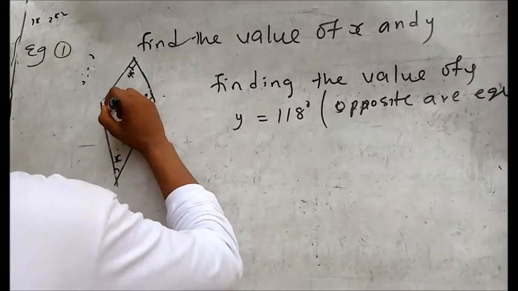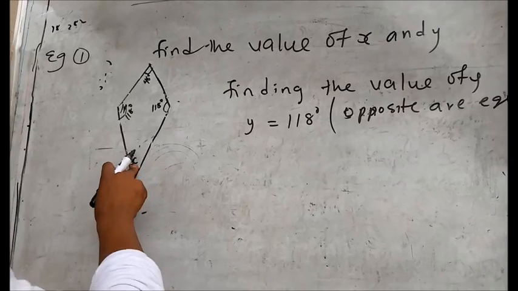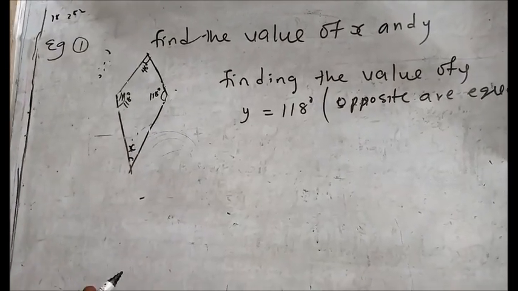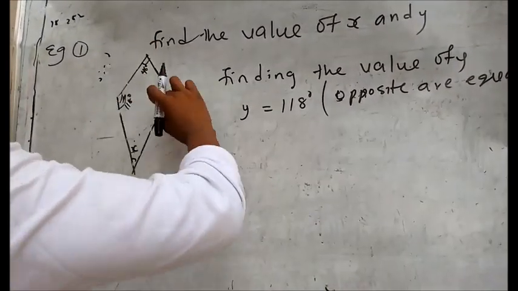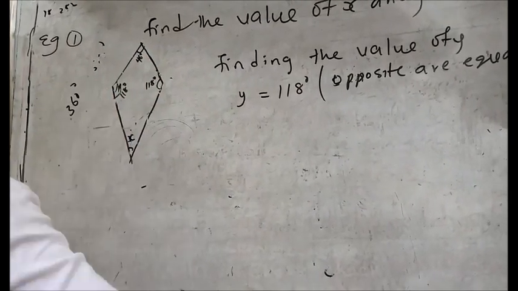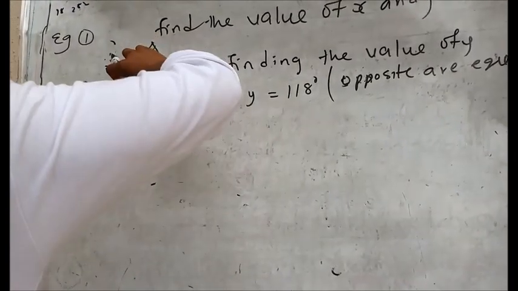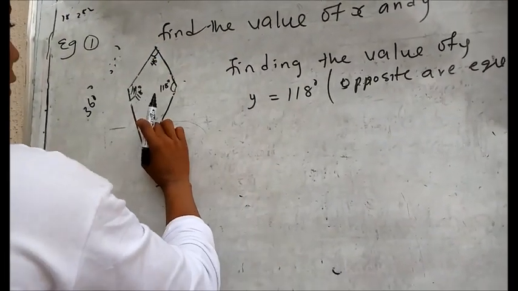Now here will be 118 degrees. Now the last one, I'm looking for the value of x. And remember, the sum of angles in a quadrilateral is 360 degrees. In any quadrilateral, that is a four-sided polygon, the angles inside add up to 360 degrees.